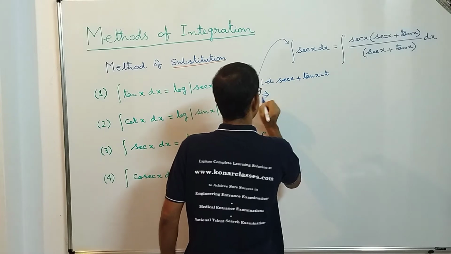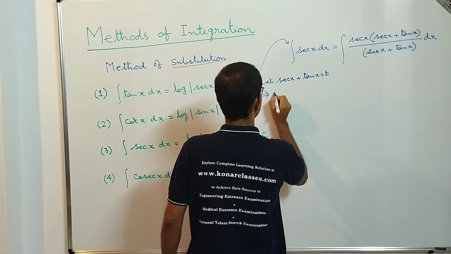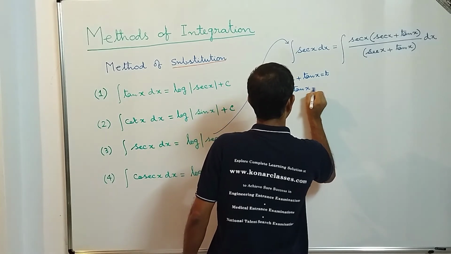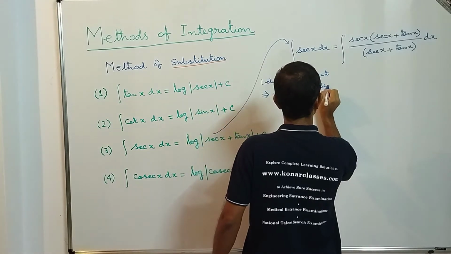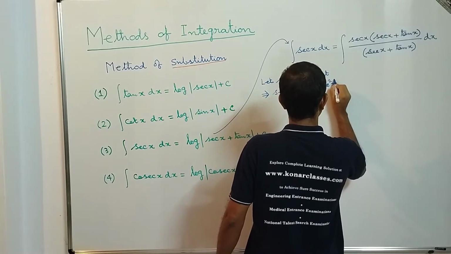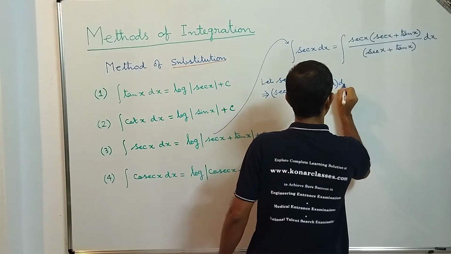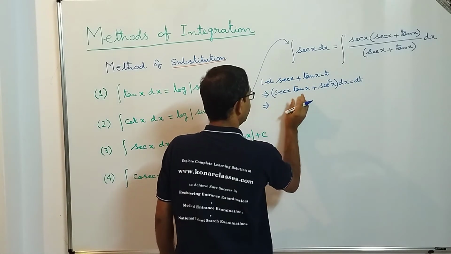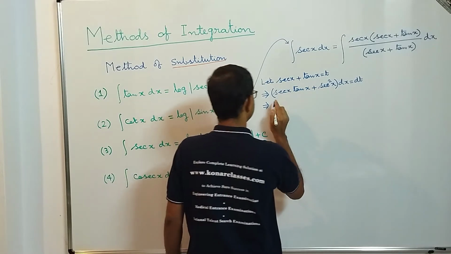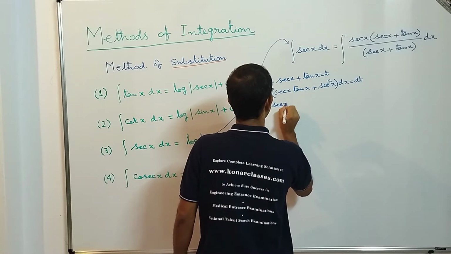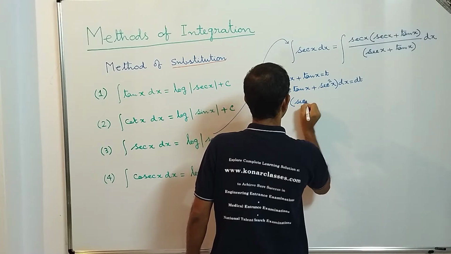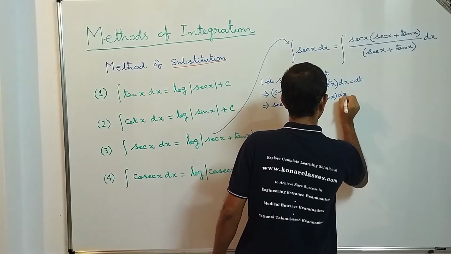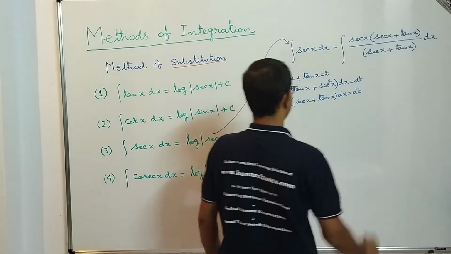This implies that the differentiation of sec x is sec x tan x plus the differentiation of tan x, which is sec square x, and complete dx is equal to dt. If we take sec x common from these two expressions, we get sec x into (sec x plus tan x) dx is equal to dt.